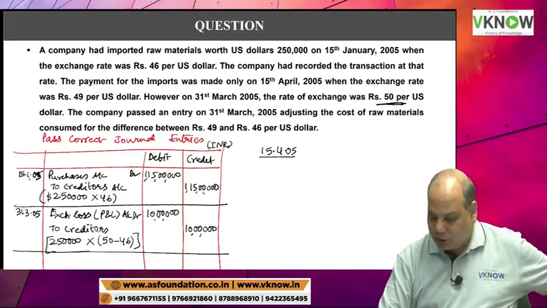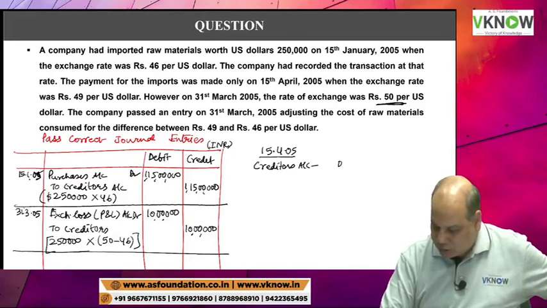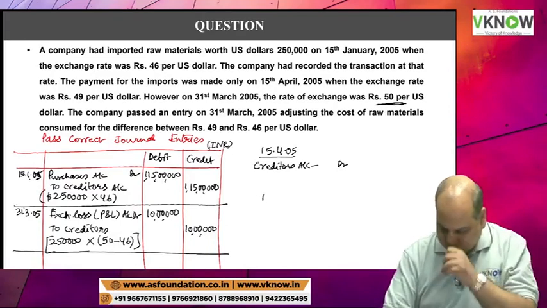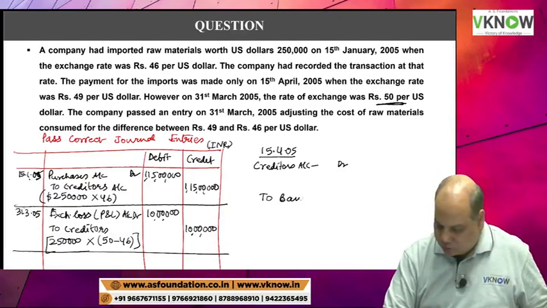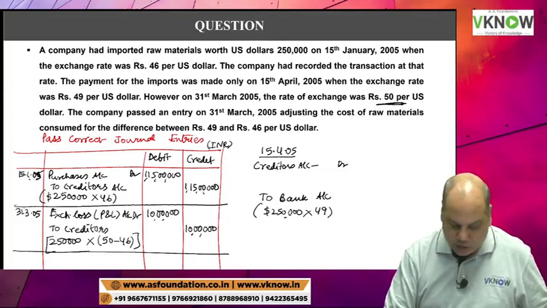Write down 15th April 2005. Creditors account debit to bank account. $250,000 I have to pay. On the date of payment, the rate of exchange is 49.